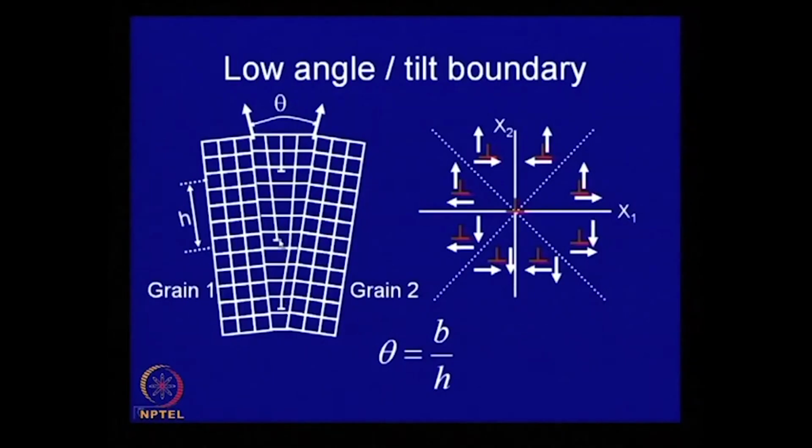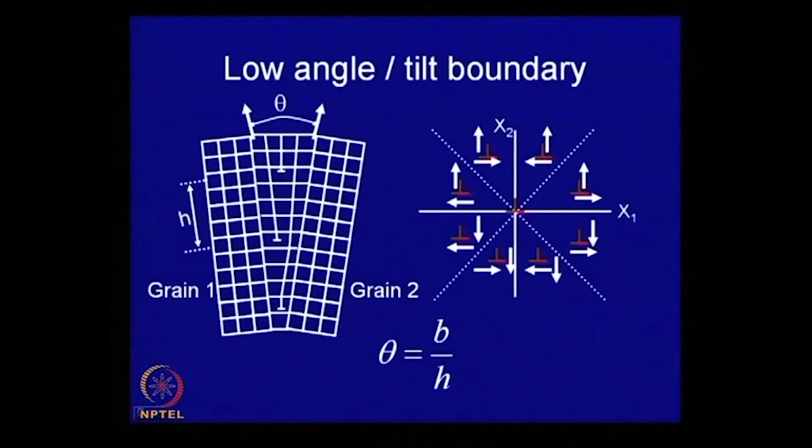Pictorially you can visualize this: you have this dislocation here, another dislocation above it, another above it, and when you arrange several of these dislocations like this, obviously you are going to form a tilt boundary. That is, two parts of the crystal will get tilted, there will be a rotation, and the energy of this boundary is very easy to calculate. How will you calculate this boundary energy?